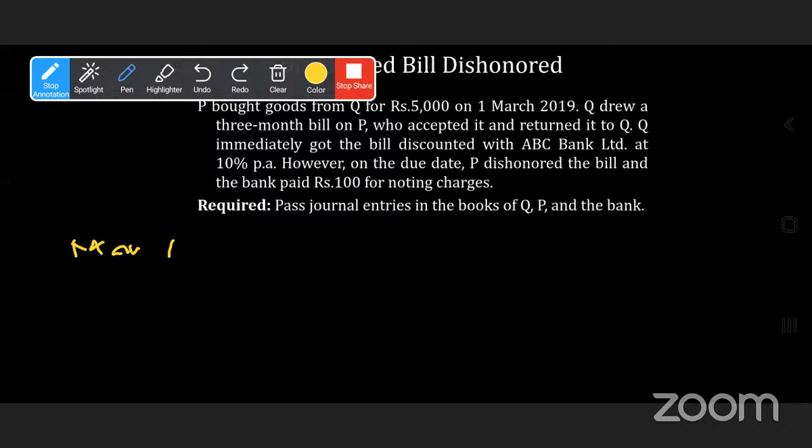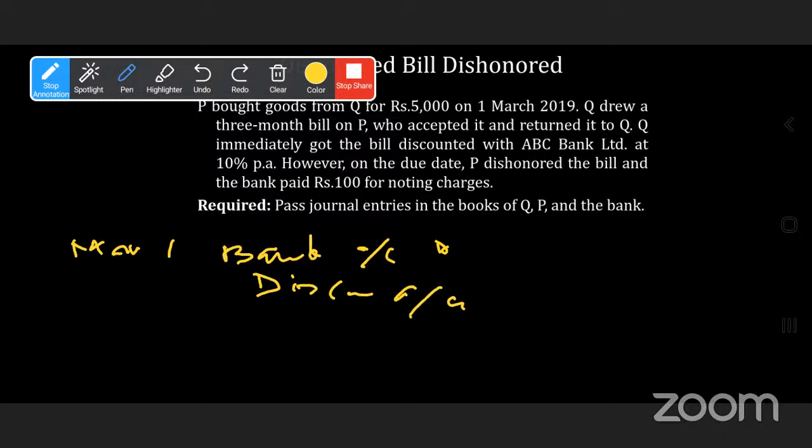Bank account debit, discount account debit, to bills receivable account. You have to calculate the discount.